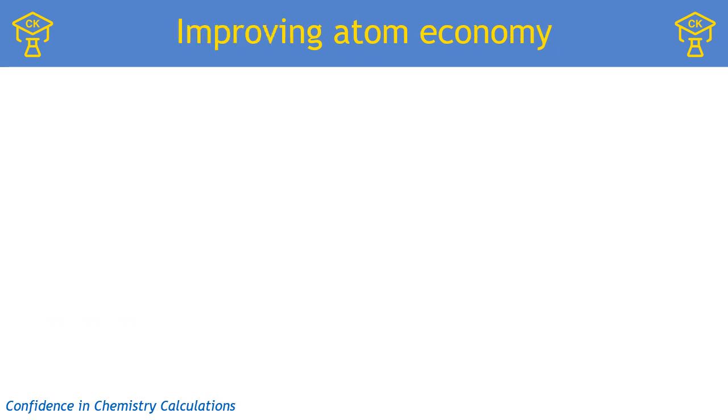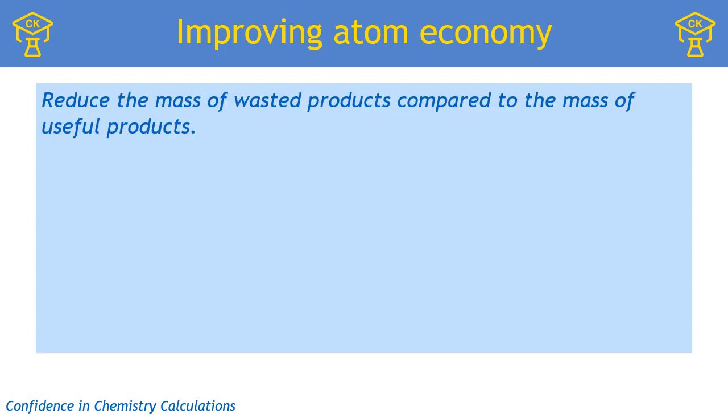So how can we improve atom economy? We need to reduce the mass of wasted products just in comparison to the mass of the useful products. And there are 3 main ways we can do this depending on the type of reaction, what we're trying to make. The first one is we could just choose a reaction with a single product.